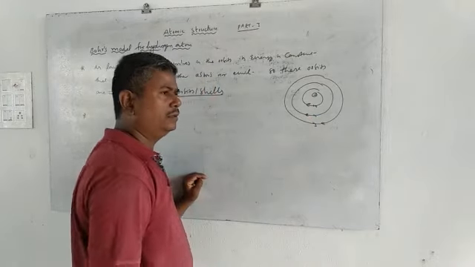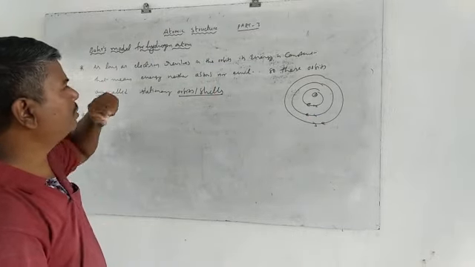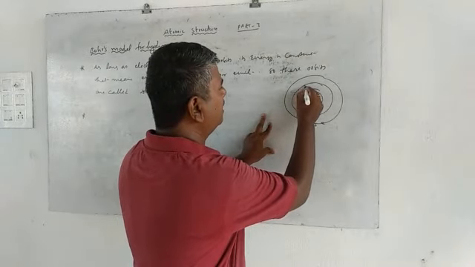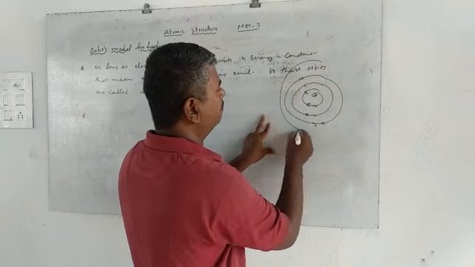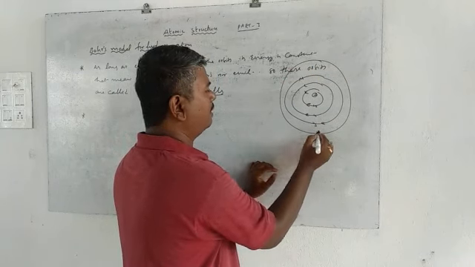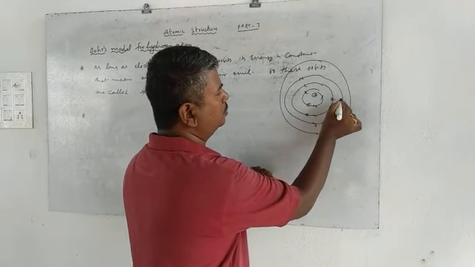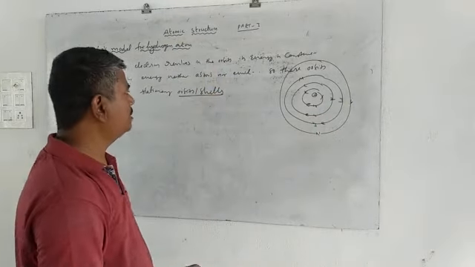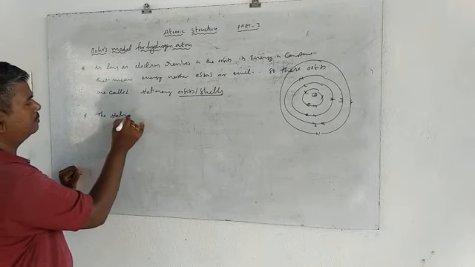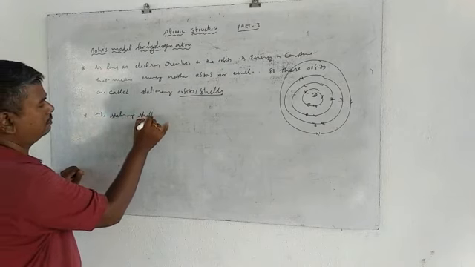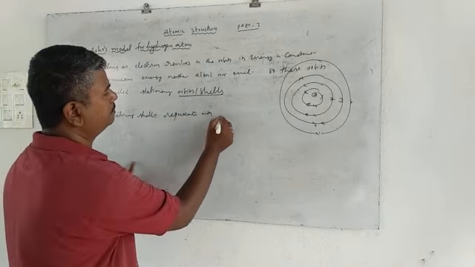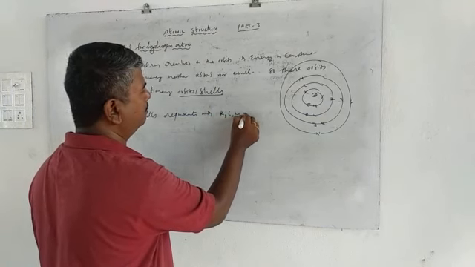According to Bohr, the stationary orbits are represented with K, L, M, N, and so on, which correspond to 1, 2, 3, 4, and so on.